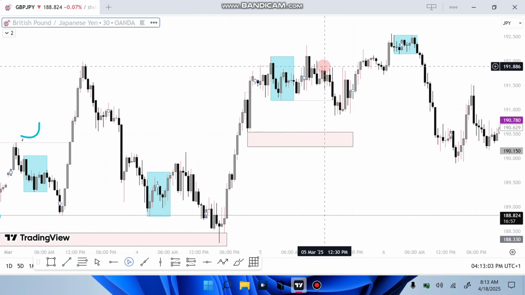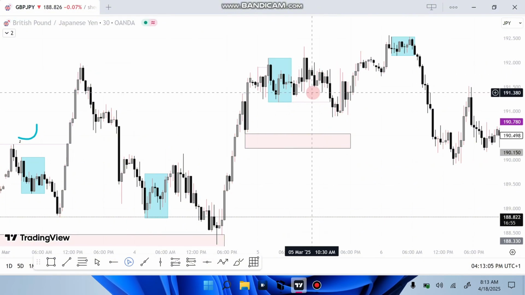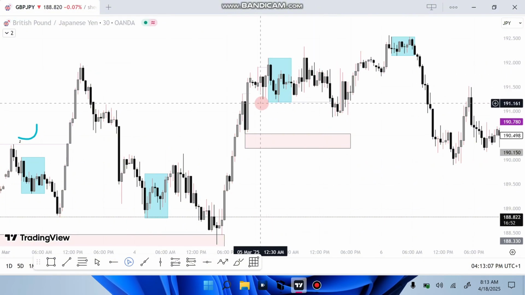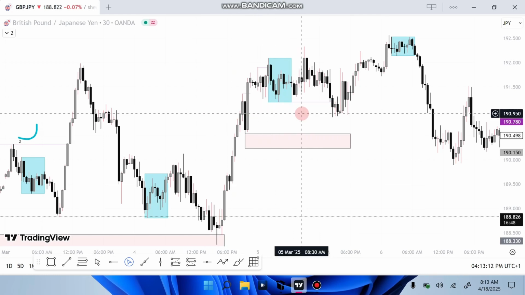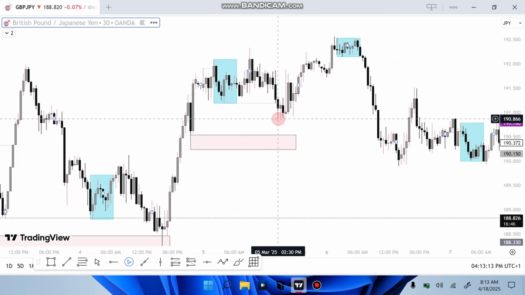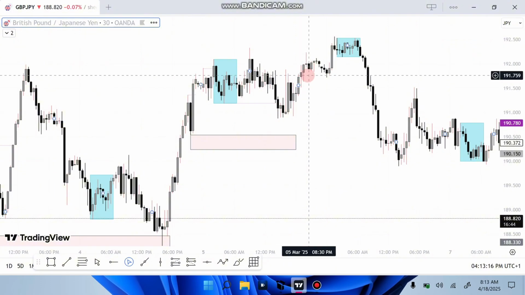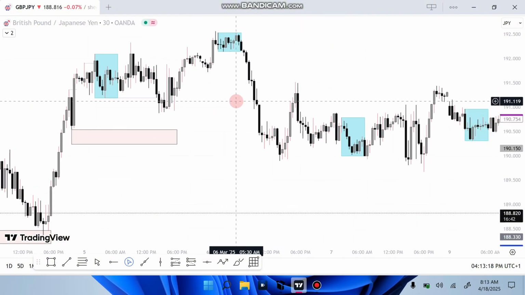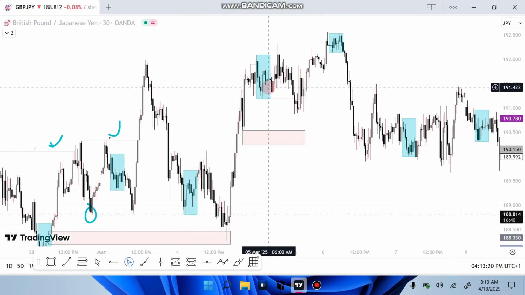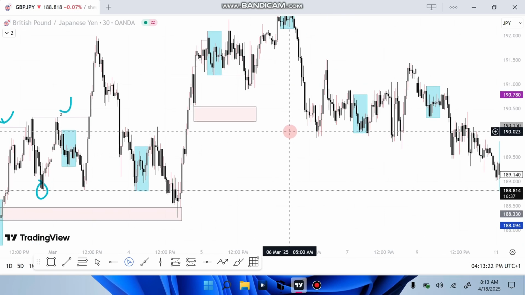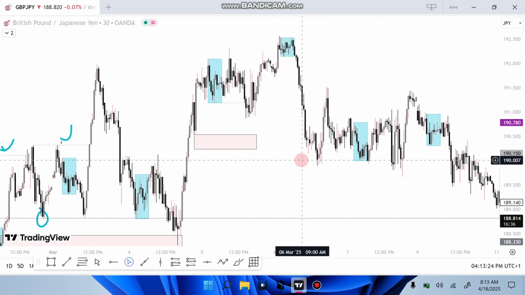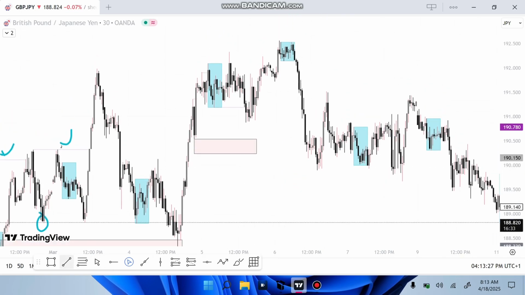But in this scenario, you can see that price already tapped into the demand area, so it is invalid for me, okay? Although price still pushed in some good profit, it is invalid because it is not aligning with our plans.